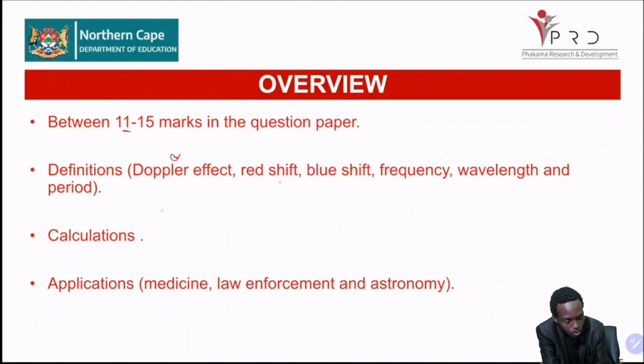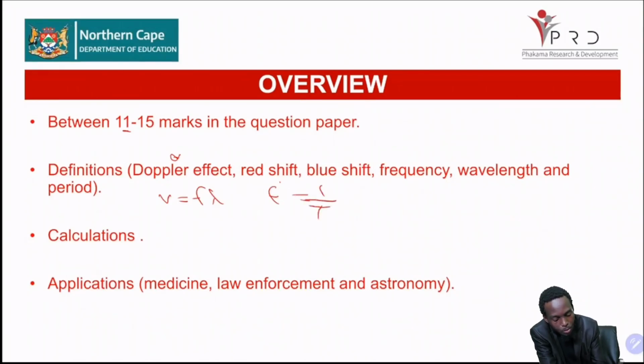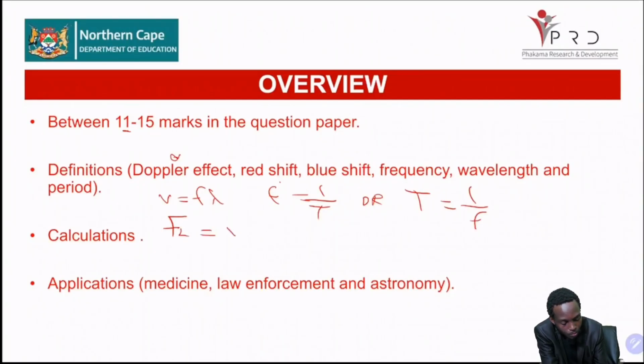And then we'll also perform calculations. Calculations will include the calculation of frequency or the calculation of period, because we know the relationship between the two. And then we'll also look at the Doppler equation, of course.